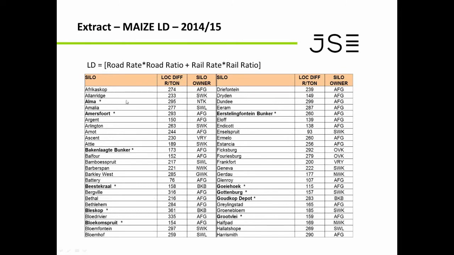Just to show you, for example, Africa's COP. And then what we say is that the location differential, based on our calculation and based on the formula you see above here, gave us a location differential of 274.